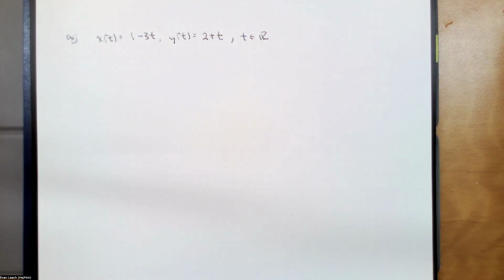I kept the 1 and the 2, but I changed the 3 to a -3, and I changed the -1 to a 1. What will this do to the curve?